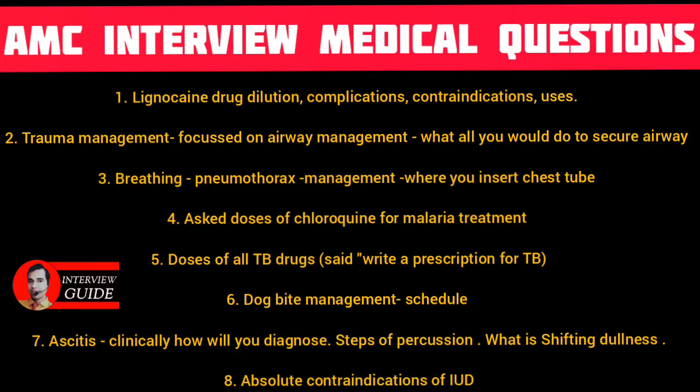Lignocaine as an infiltrative agent is also used in 0.5 to 1% concentration for local anesthesia for minor procedures like incision and drainage, suturing, and for topical anesthesia. Lignocaine is used in spinal anesthesia in 1.5 to 5% concentration for surgery of the lower limbs, lower abdomen, perineum, and cesarean section.